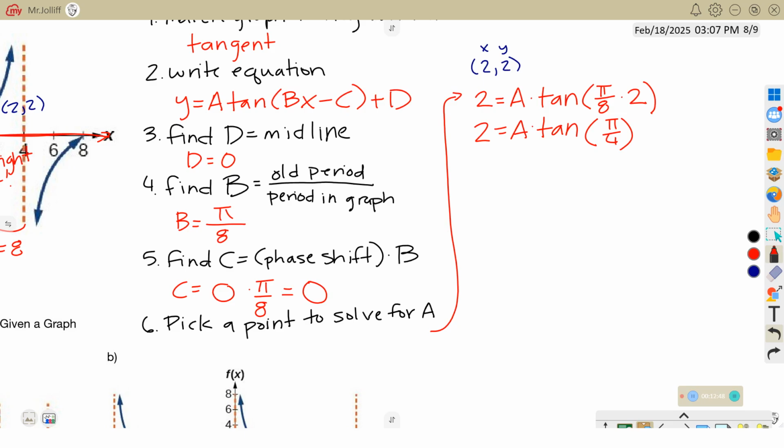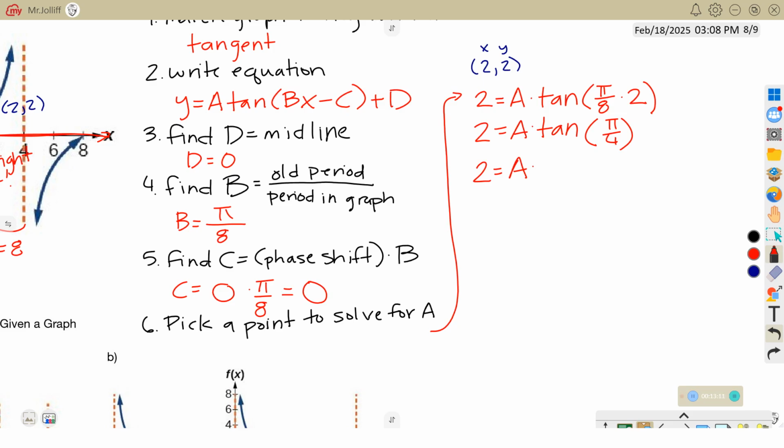The 2 on top and the 8 on bottom become a 1 and a 4. Pi over 4. I'm going to grab my calculator, and I'm going to look at what tan of pi over 4 is. What setting should your calculator be on? Radians, very good. If we're working with pi's, we're in radians.